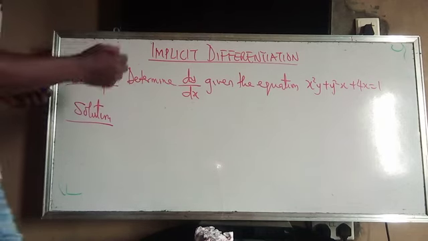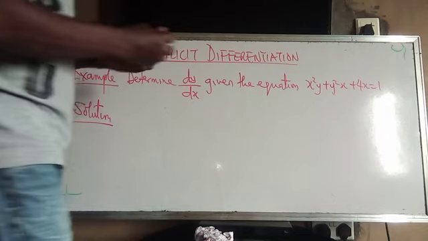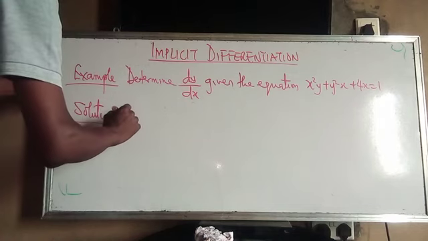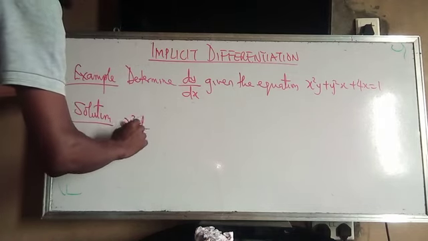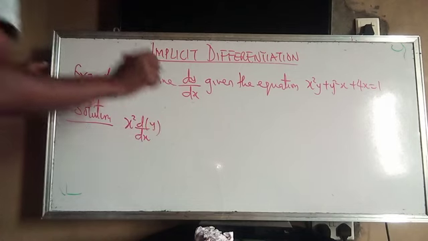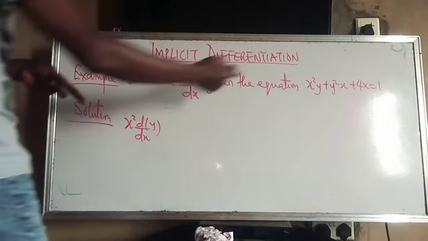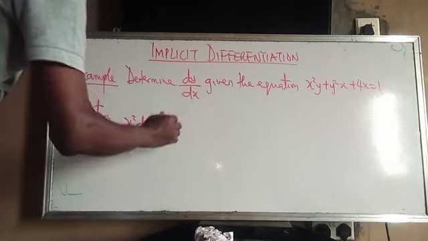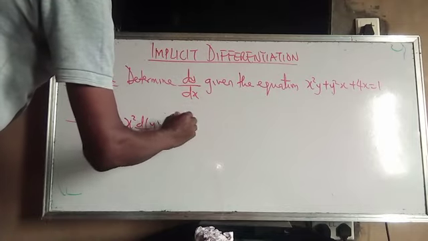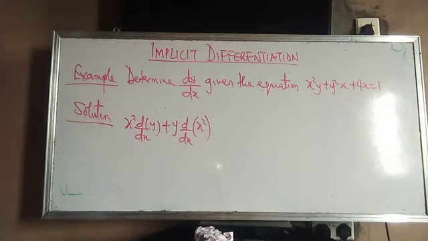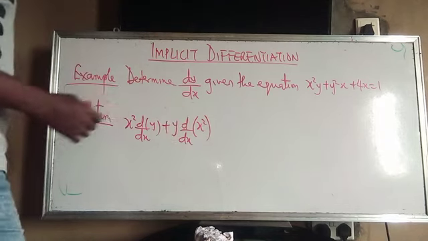Now, to make it easy for you, you might split it. Okay, let me show you. Let's pick this: x squared d/dx of y. I bring x squared as a constant, and I differentiate y. Then plus, I bring y as a constant, and I differentiate x squared. That's the best approach. You can see that it will be easier for me to carry out the further evaluation of my differentiation.